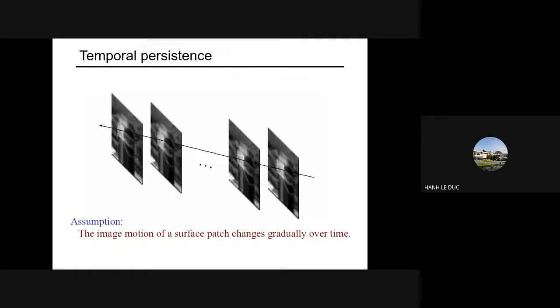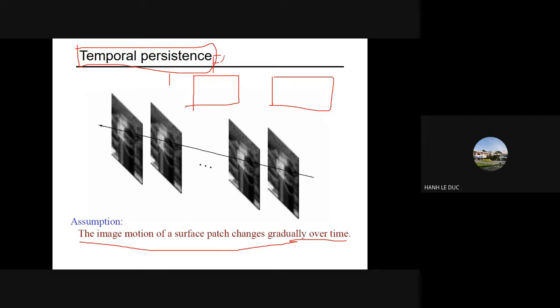And temporal persistence, what is it? That means the image must change gradually over time. For example, we have two frames, frame one and frame two. In frame one they have this position, and in frame two it has changed just a little. The motion in U and V is very small, normally just 1 pixel.